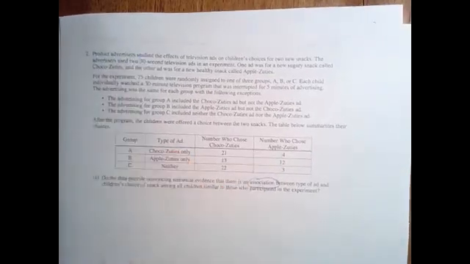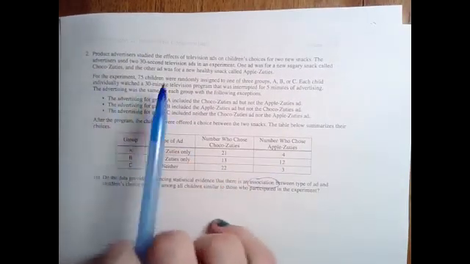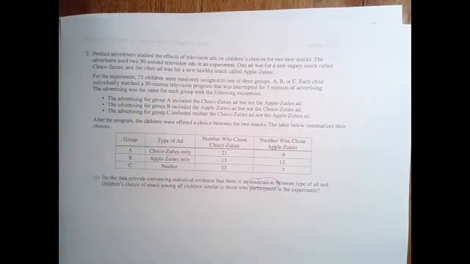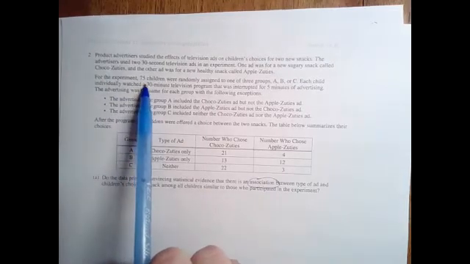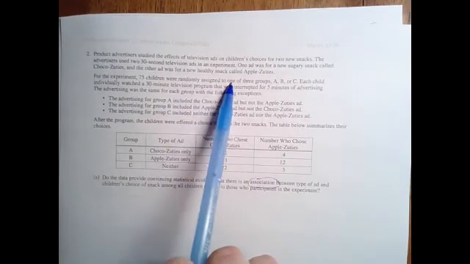So take a minute, you can pause the video and read through the prompt here, and come back when you have read through it. So for this experiment, you've got 75 children randomly assigned to one of 3 groups.